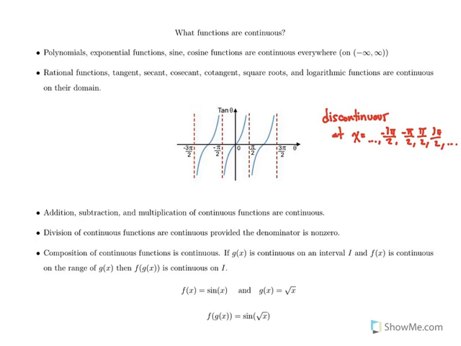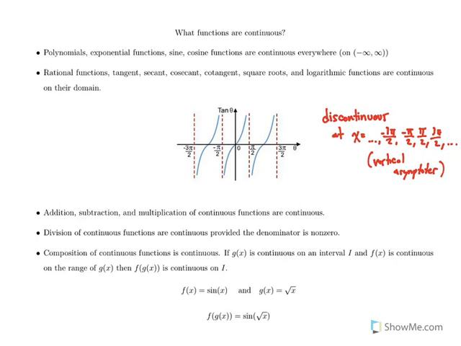And those are the vertical asymptotes here. But it is continuous everywhere else. And that's going to be a useful thing to use.